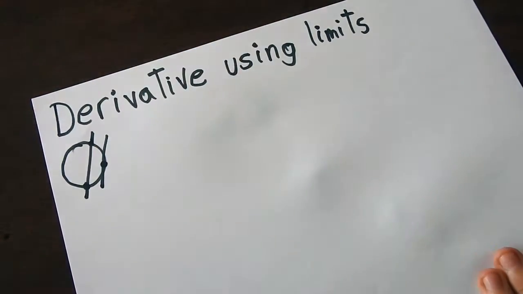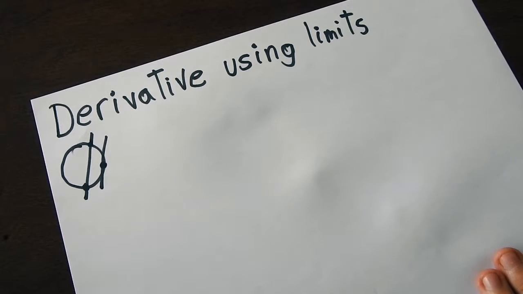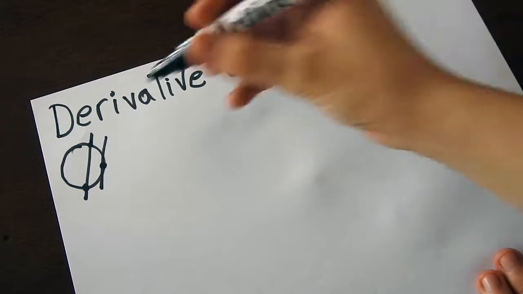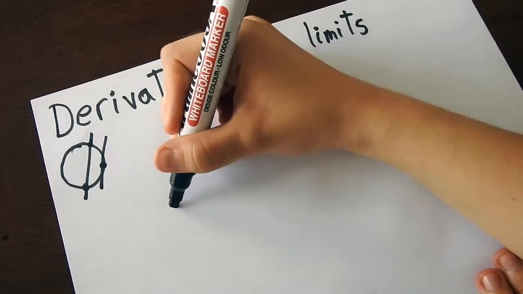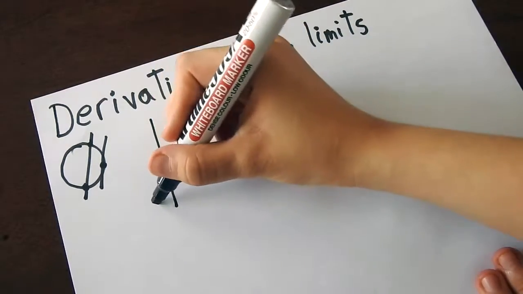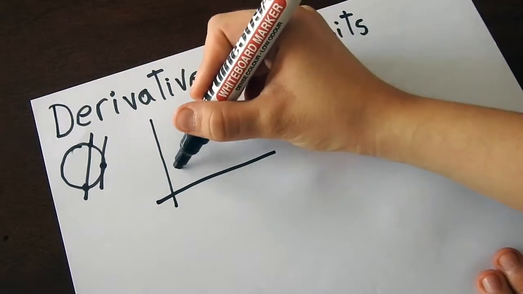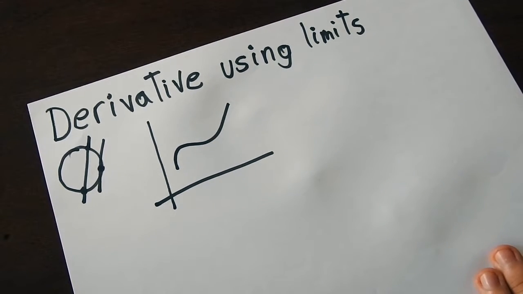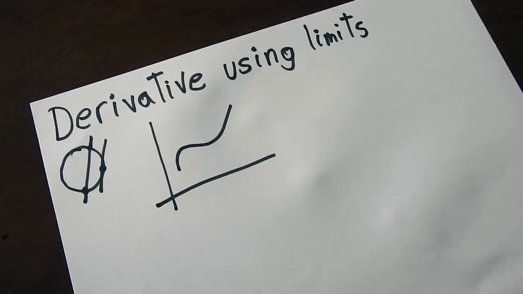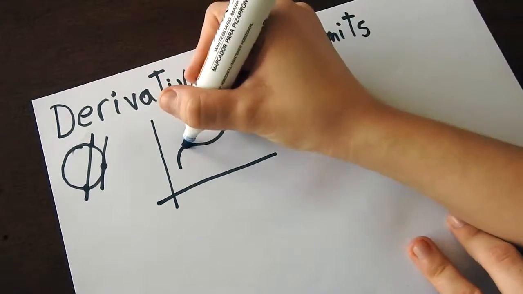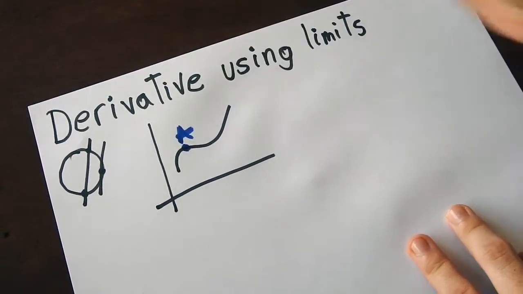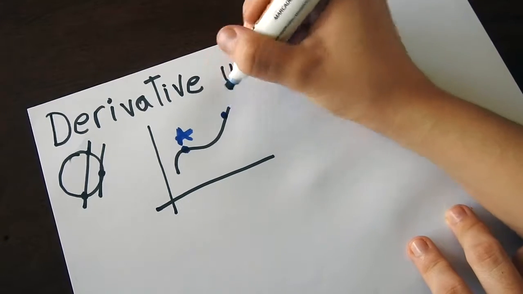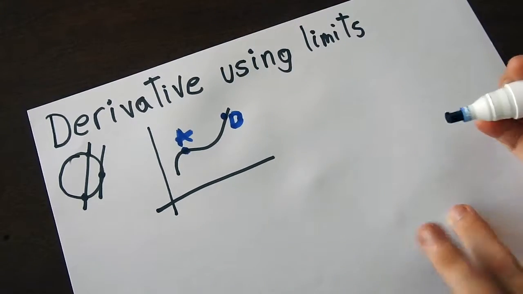Now that we have remembered this, I will start with a random function. Let's just use the graph of the function. In this function, we are going to have 2 points, which are going to be point A over here and point B over here.